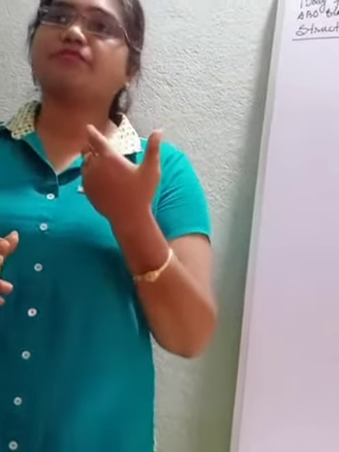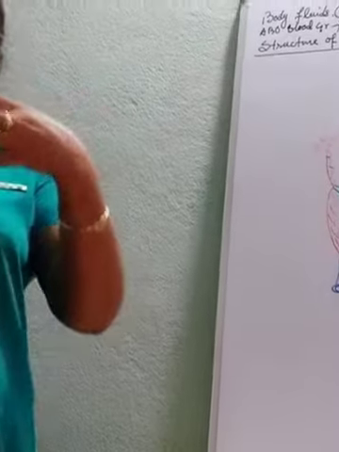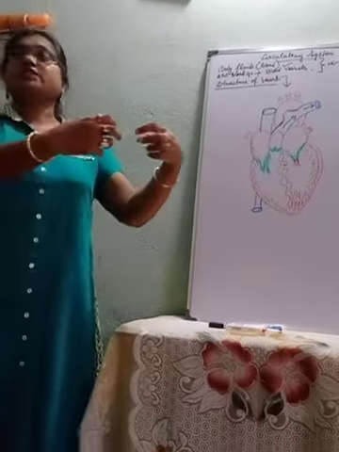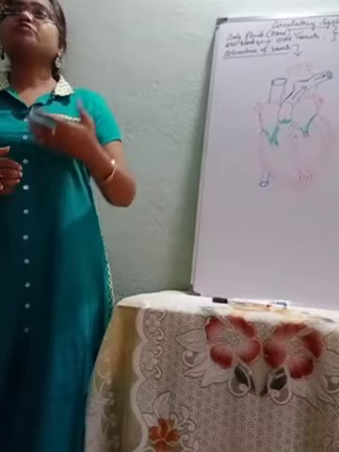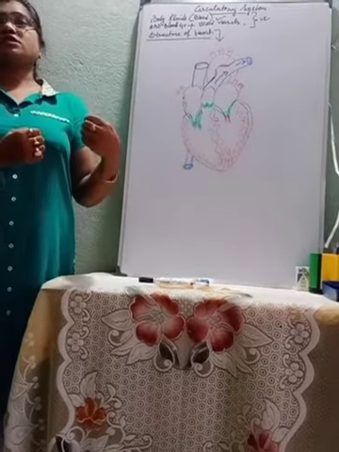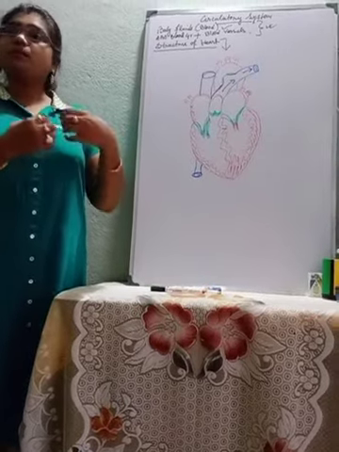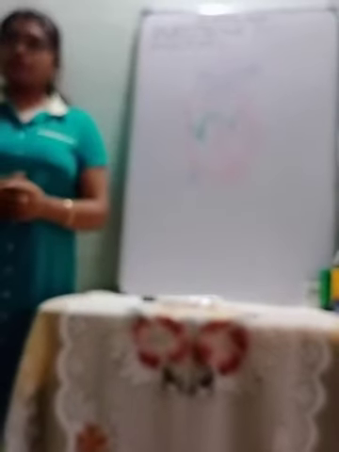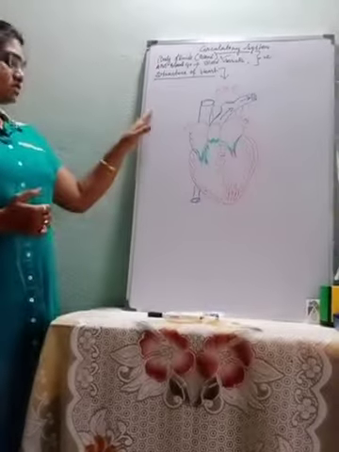But we have a concept that it is towards the left. Why? Because the lower conical portion of the heart is tilted towards the left. That is why we feel that it is towards the left. Clear?